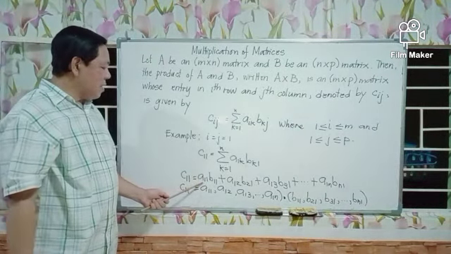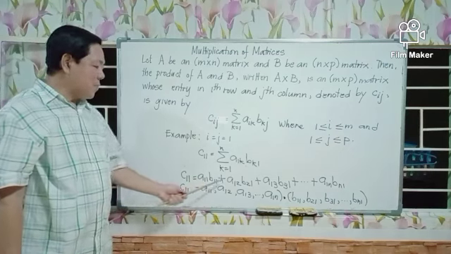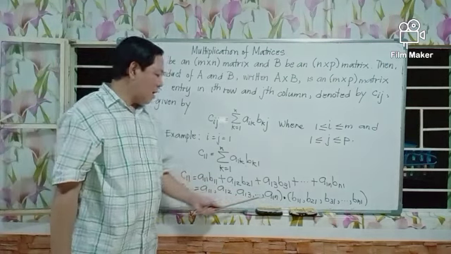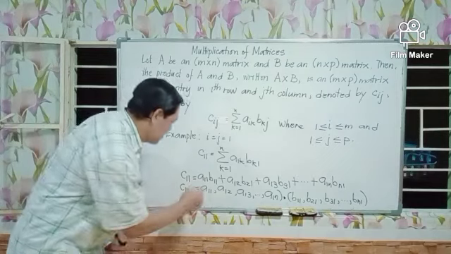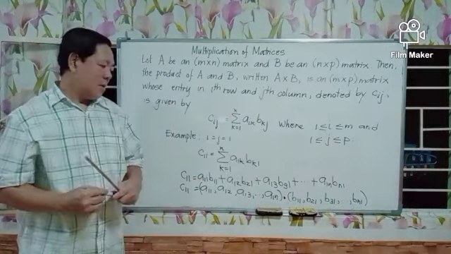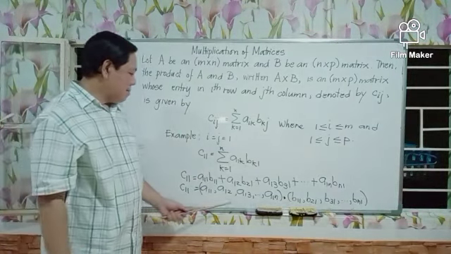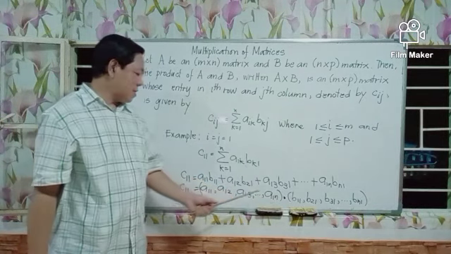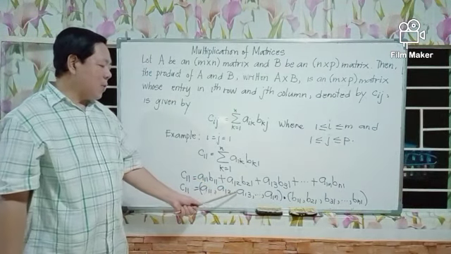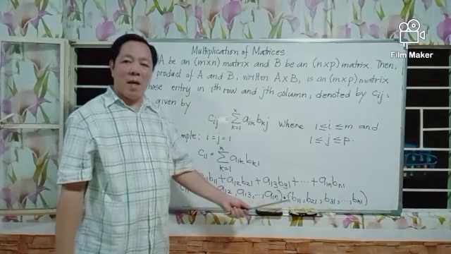Thus, we have written here the sum of these products as the dot product of this vector with n coordinates a11, a12, a13 up to a1n.